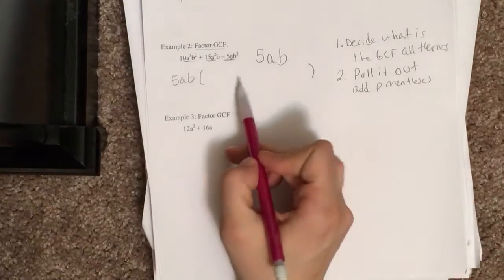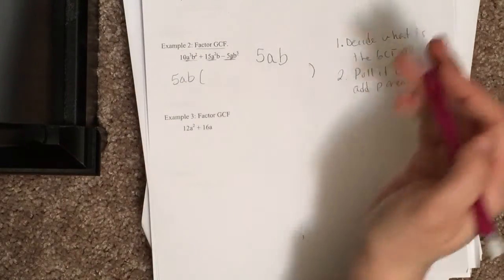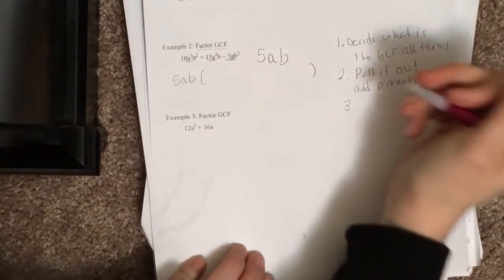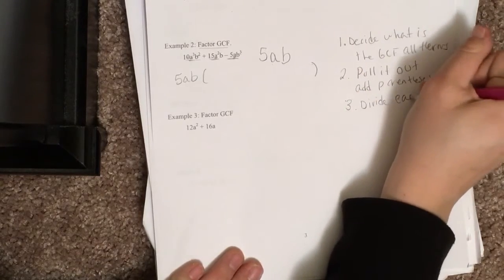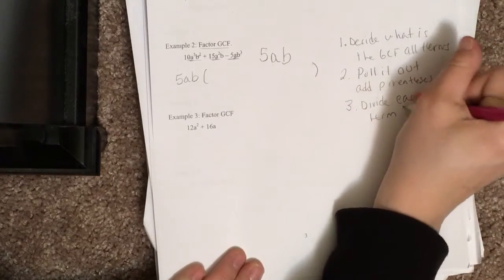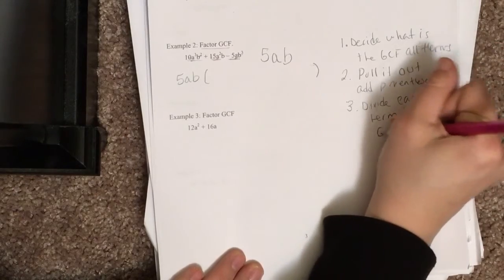Virtually what we're doing here is undistribution. We're undistributing. So once we pull it out in parentheses, we have to figure out what is left inside of here. And in order to figure out what is left inside of the parentheses, you need to divide each term by the GCF.